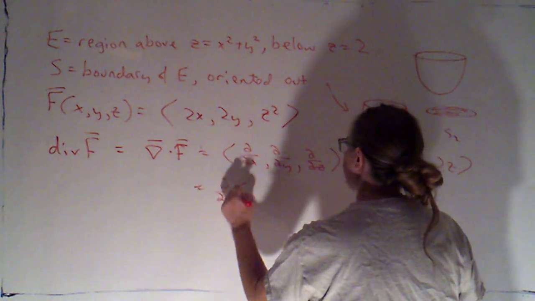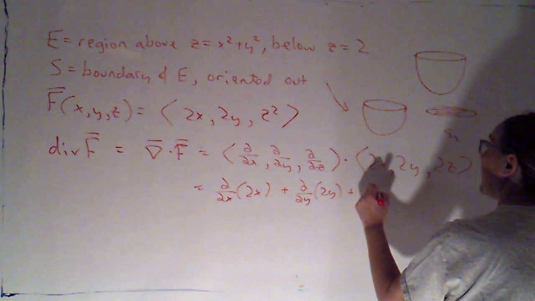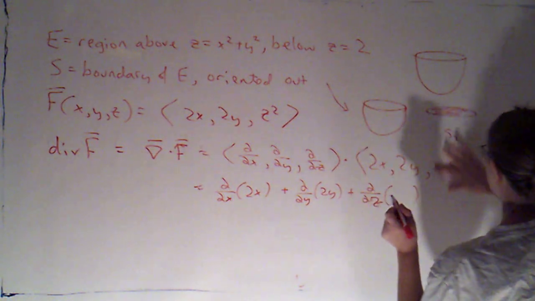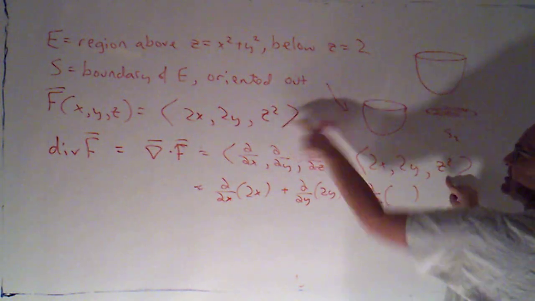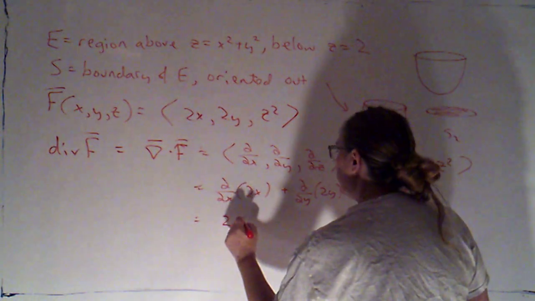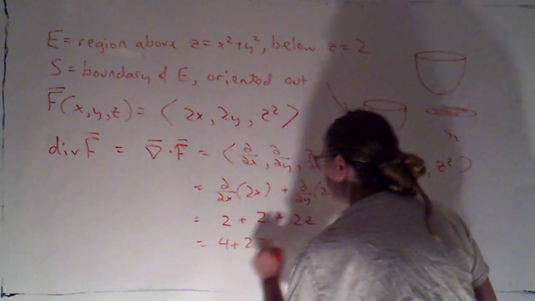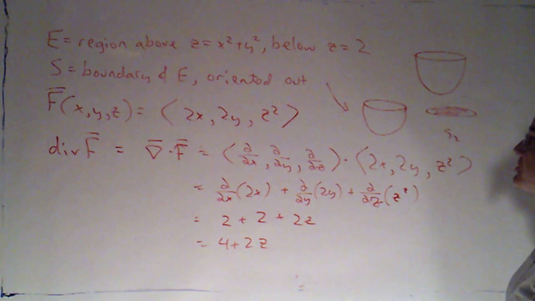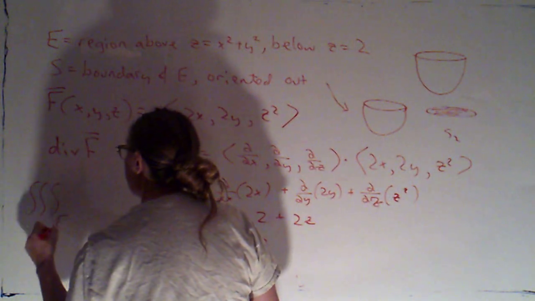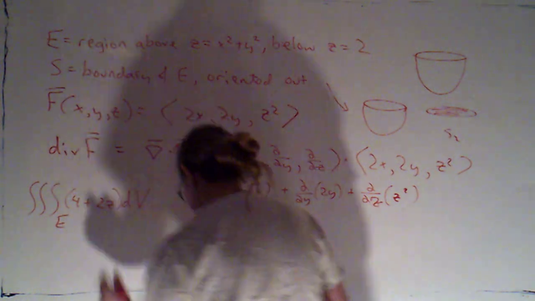So we're getting the partial with respect to x of 2x plus the partial with respect to y of 2y plus the partial with respect to z of, oh, I'm sorry, I wrote 2z a minute ago. It's actually z squared as my third component. So the partial of z squared. That's going to give me 2 plus 2 plus 2z, which is 4 plus 2z. So according to the divergence theorem, I can just do a triple integral over E of 4 plus 2z dV.